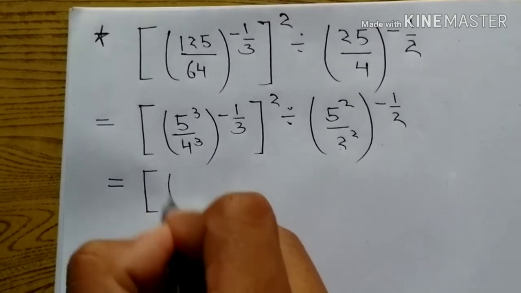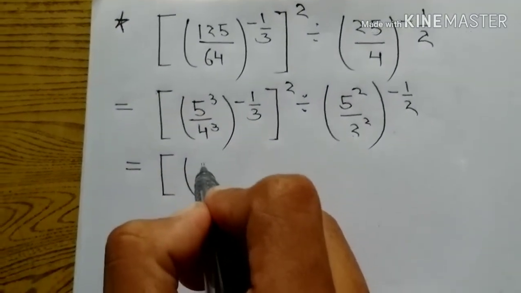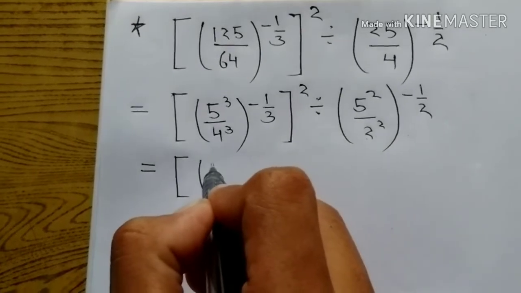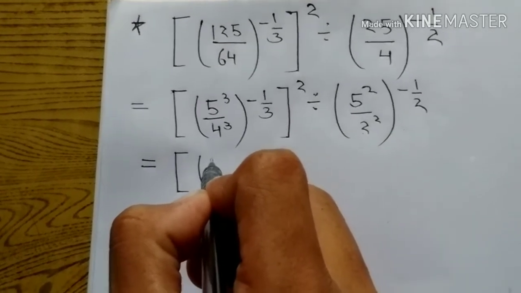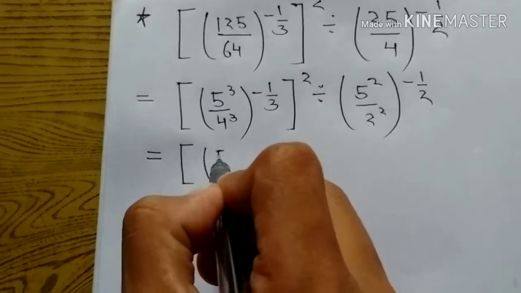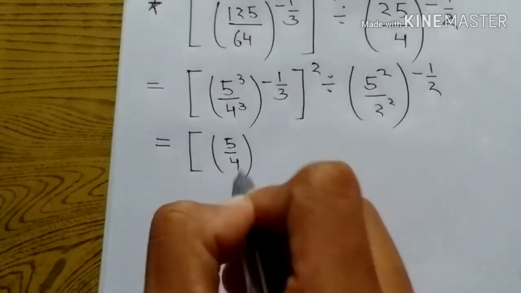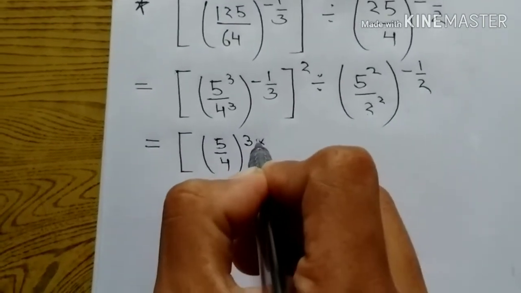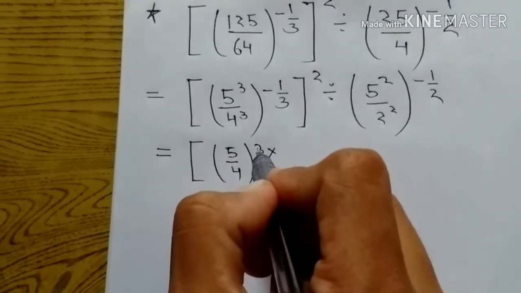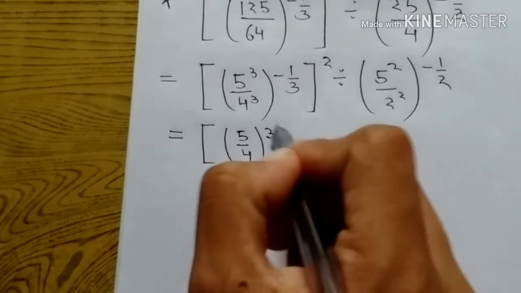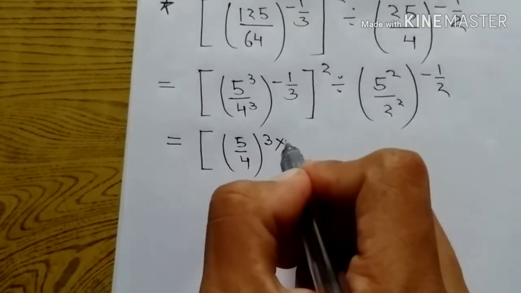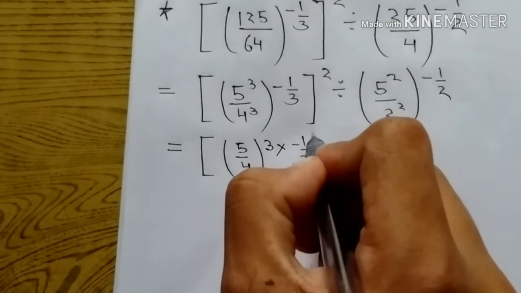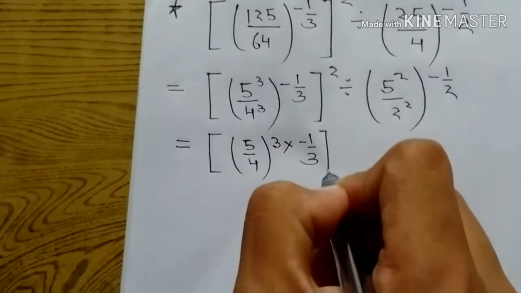Now we see there is a common cube, so we can take the common cube and keep this out of the bracket, and here you need to write the multiplication, since this comes from within the bracket, this is out of bracket, so we need to multiply with the whole power.